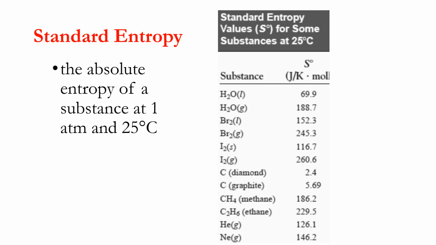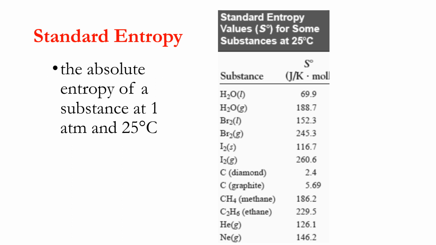Between liquid and gaseous states of bromine, we have gaseous bromine with higher entropy because of greater degree of dispersion of particles. Same with iodine crystals or solid and iodine gas: 260.6 for gaseous, 116.7 for solid.